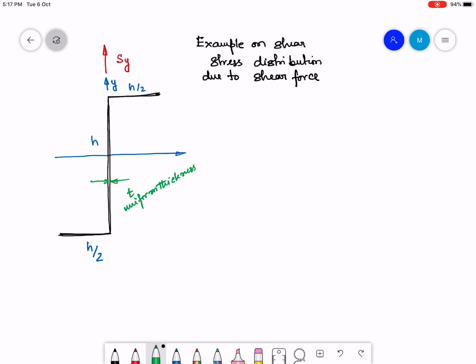Our job is to find out the shear stress distribution in this cross section due to the applied shear force Sy.